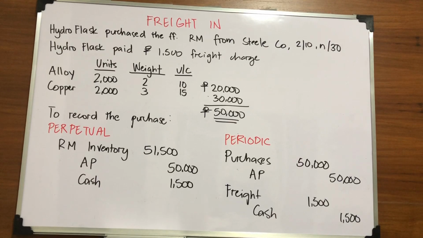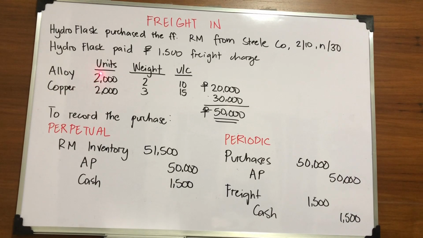Let's take this as an example for your purchase of raw materials and recognition of freight in. So Hydro Flask purchased the following raw materials from Steel Company with terms 2/10 and net 30. Hydro Flask paid 1,500 as freight charge. So in here, you have two types of raw materials, alloy and copper.